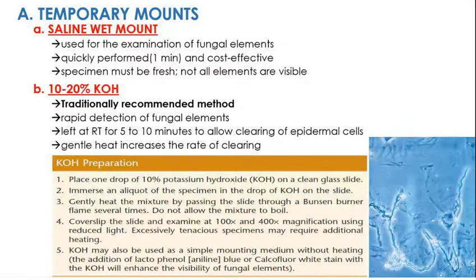So, we have your KOH, traditionally recommended method. Advantage, meron kang rapid detection of fungal elements. Second is that KOH also tries to clear all of those epidermal cells, leaving only now your fungal elements. And then, you can also try to apply heat para lang mapabilis yung clearing ng mga epidermal cells.